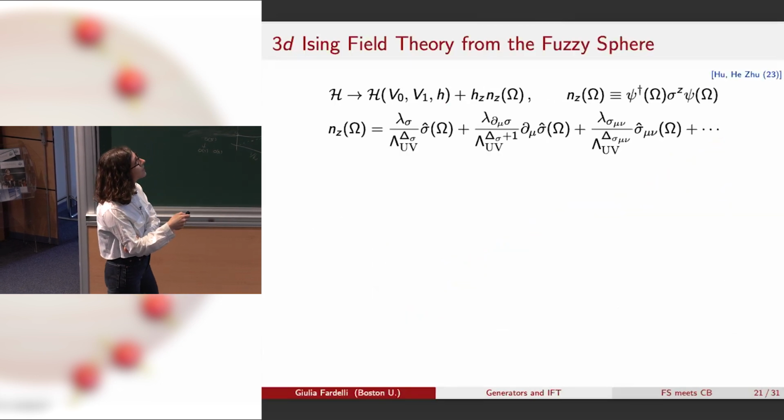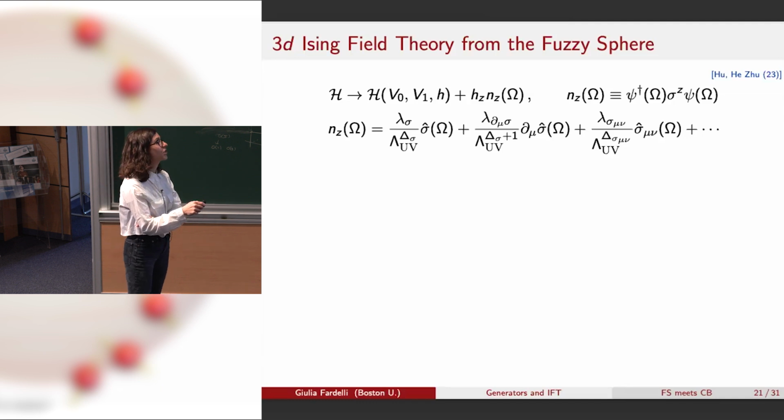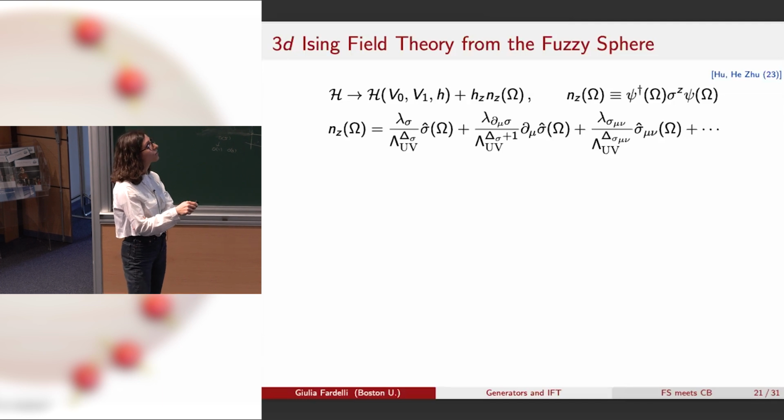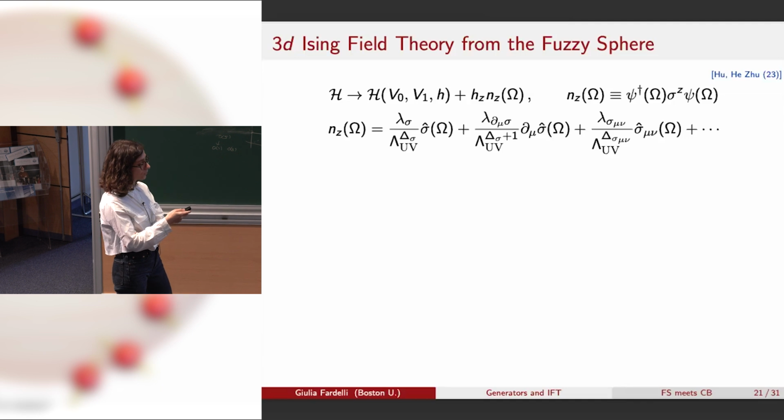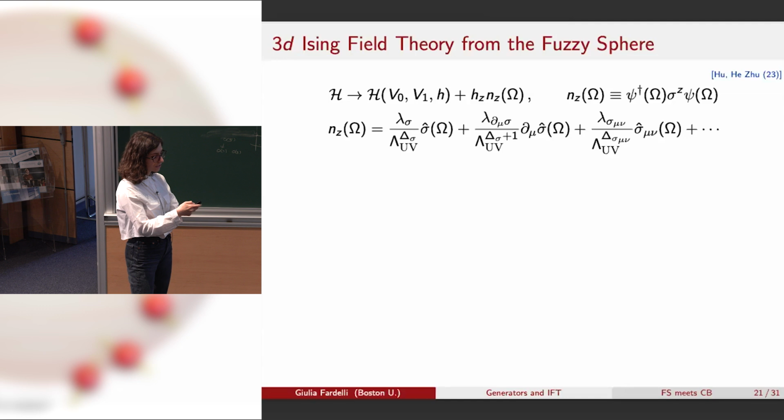In the fuzzy sphere, I start from the original Hamiltonian density, and I'm just adding NZ, defined in this way in terms of the fermions on the fuzzy sphere. Remember that on the fuzzy sphere we cannot just implement the sigma operator, but NZ contains sigma, descendants of sigma, and all possible Z2-odd operators, each of which has a different scaling.